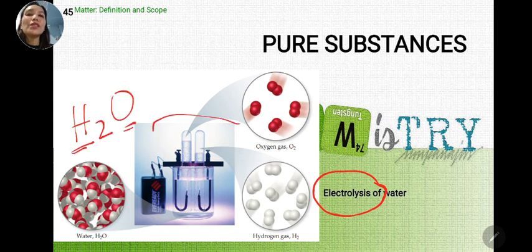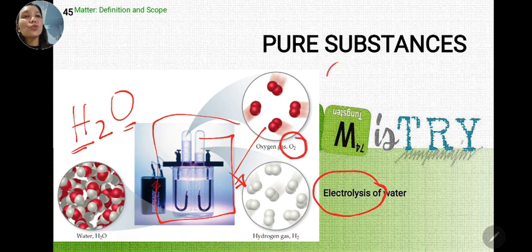So, through the process of electrolysis, pinaghihiwalay niya yung oxygen atoms at saka yung hydrogen atoms. Kung mapapansin nyo dito, yung oxygen gas natin is O2. Hydrogen gas is H2. So, usually kapag gaseous yung substance, diatomic particle siya or dalawa yung atoms niya na magkasama.